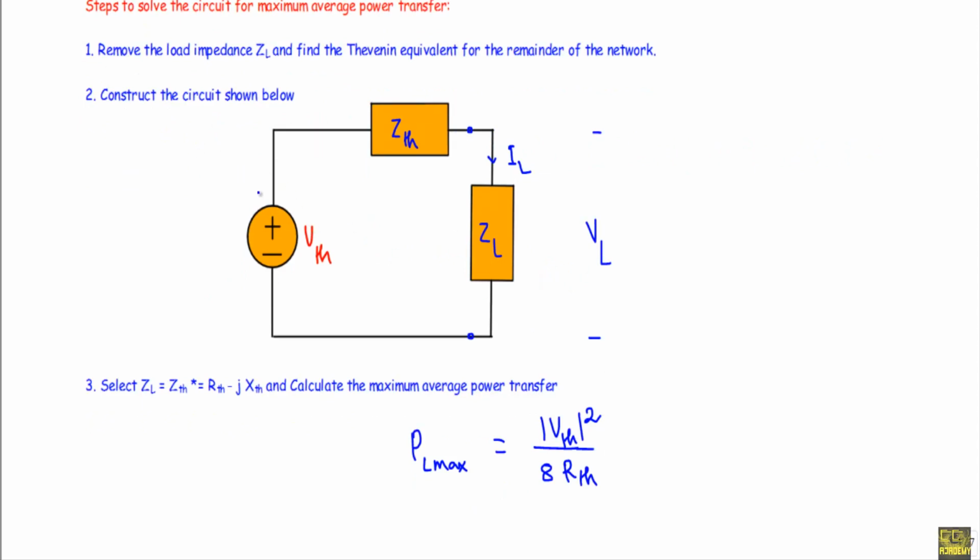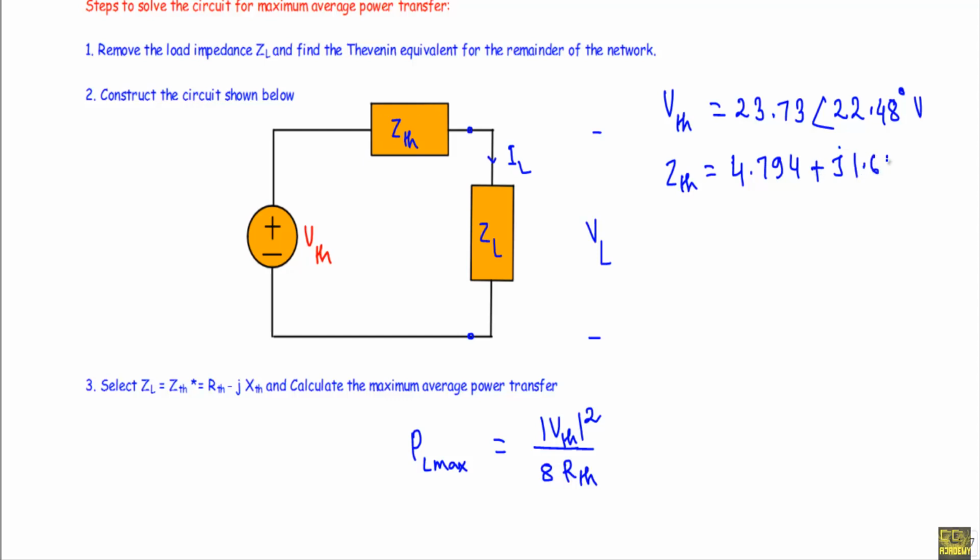So in step number 2 we can construct a circuit like this, in which the Thevenin voltage VTH will be equal to 23.73 with phase angle 22.48 degree volt. In the circuit ZTH is equal to 4.794 plus J 1.68.